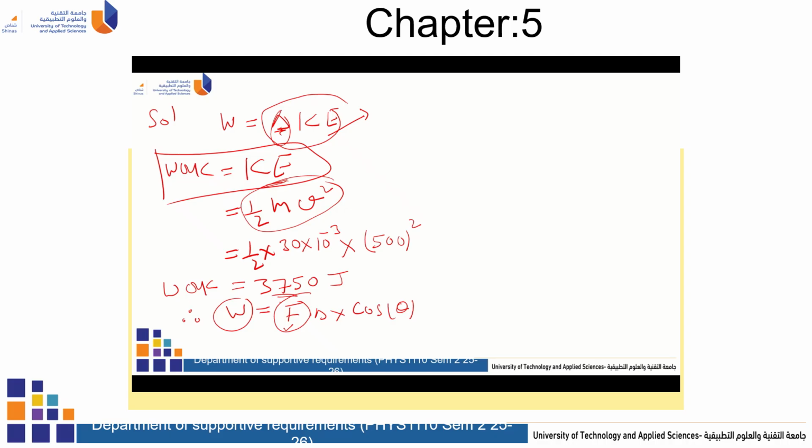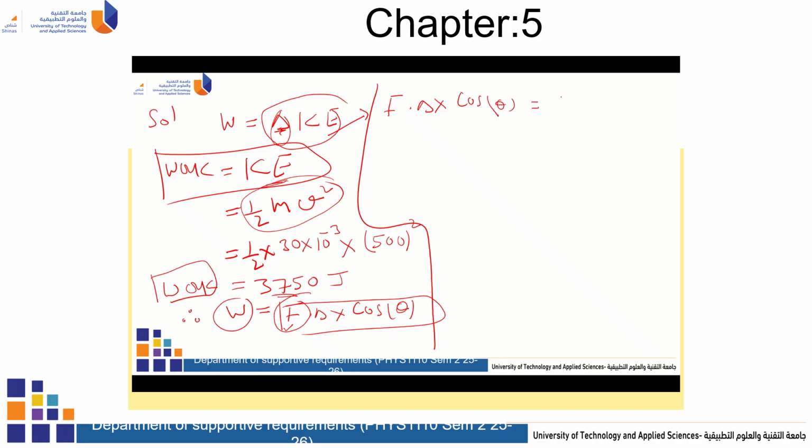So I will keep it here at the place of the work. So I'm keeping here the force multiplied by the displacement and the cosine theta, and this is equal to 3750. And here I need to find the value of the force.